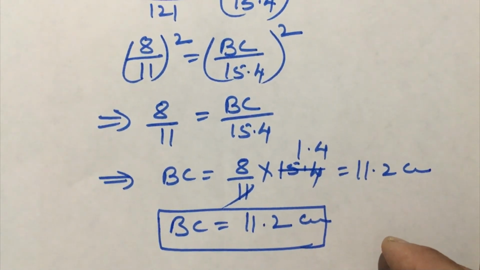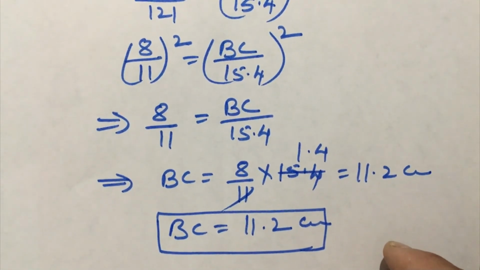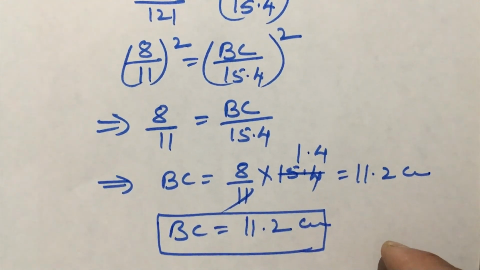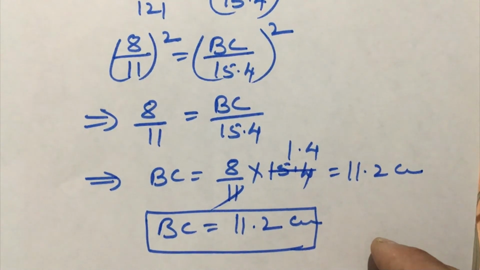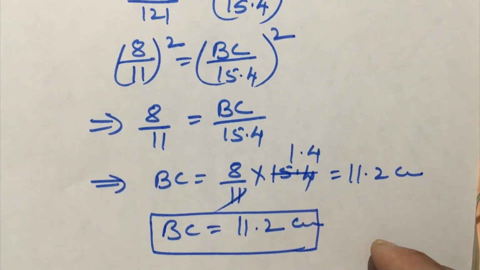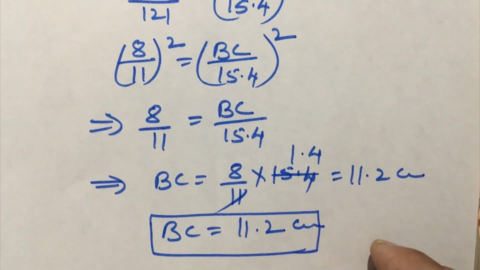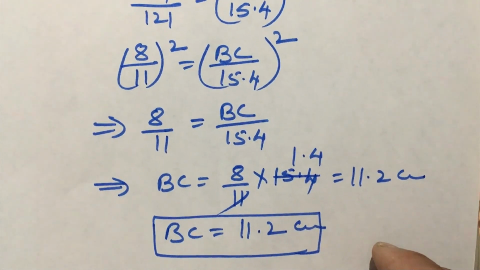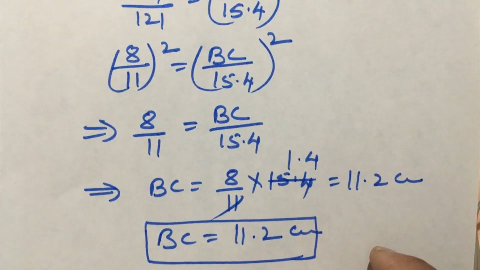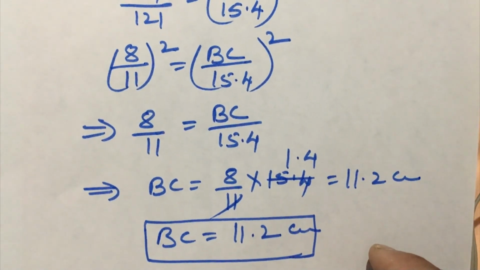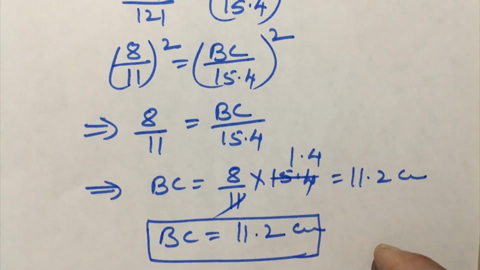You can say immediately that 3 square is to 4 square, means 9 is to 16. In that way you can find the ratio of the sides when the areas ratio is given, or if the sides ratio is given, you can find the ratio of their areas, or the area of the particular triangle also.